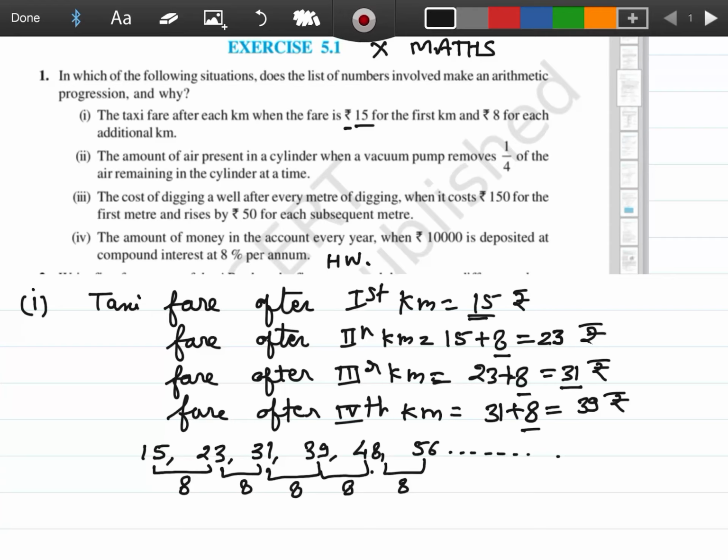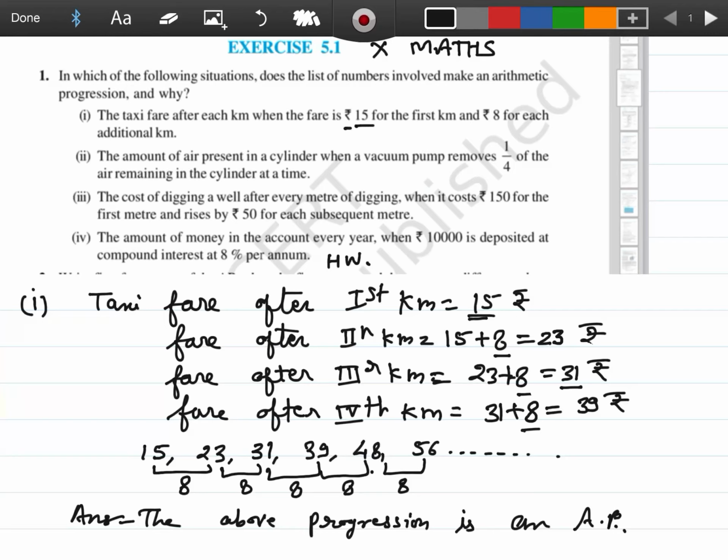Answer: the above progression is an AP, arithmetic progression. So let us see the next example.